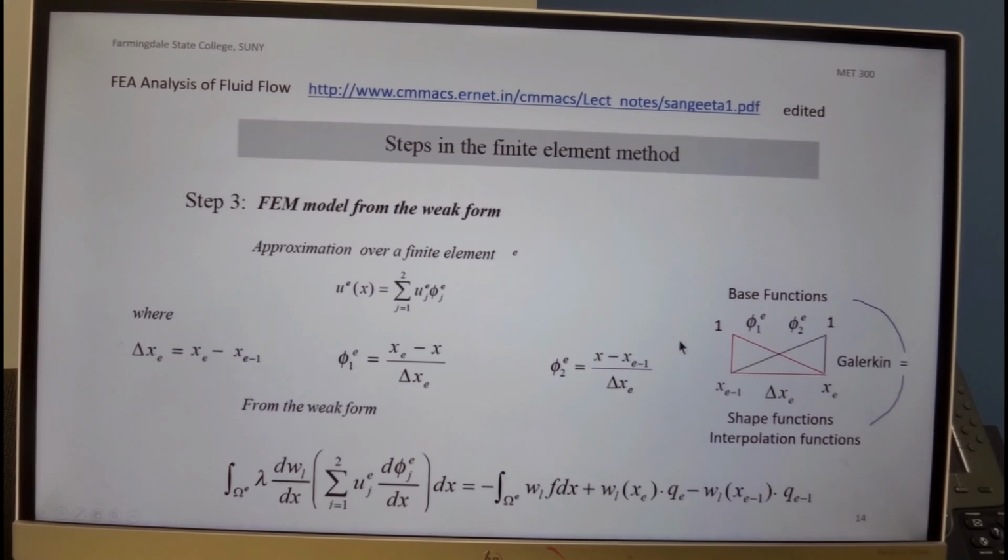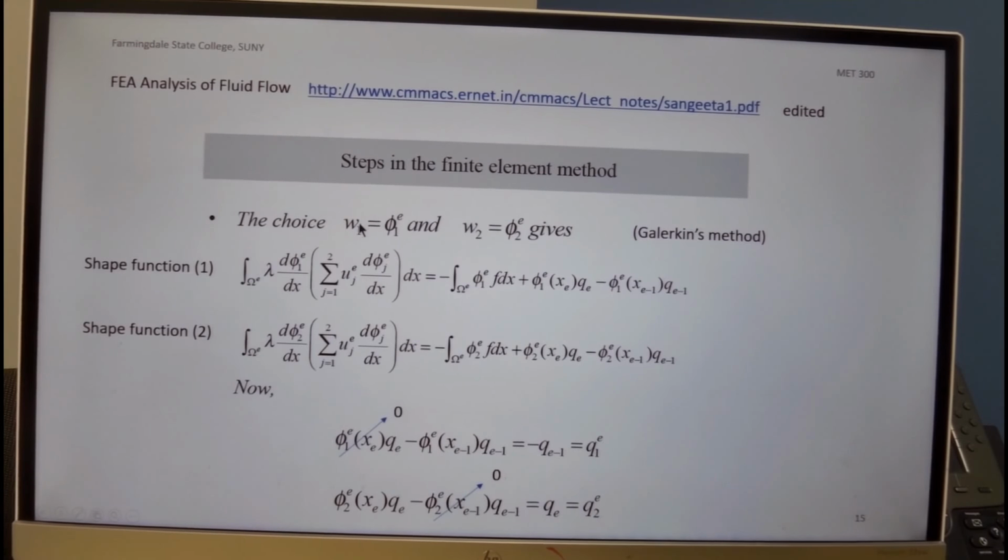It will take any value of the unknown function at the nodes, and actually spread it linearly over the element domain. So when we use these expressions in the Galerkin equation, we come up with this expression with the q values at the nodes of the elements.